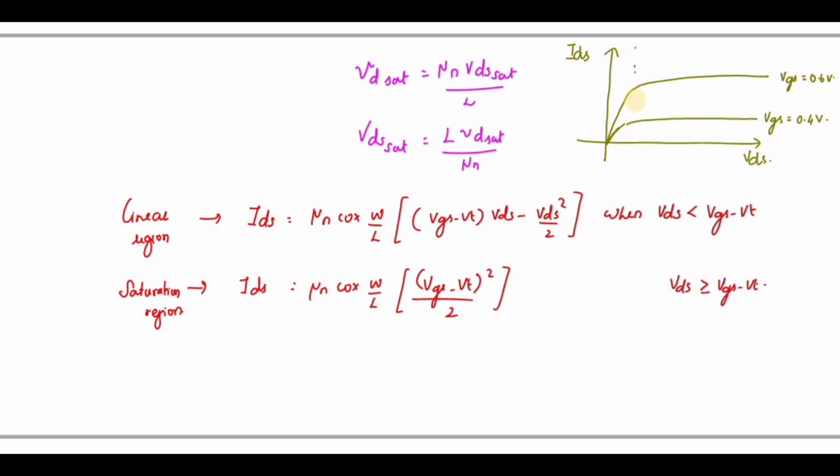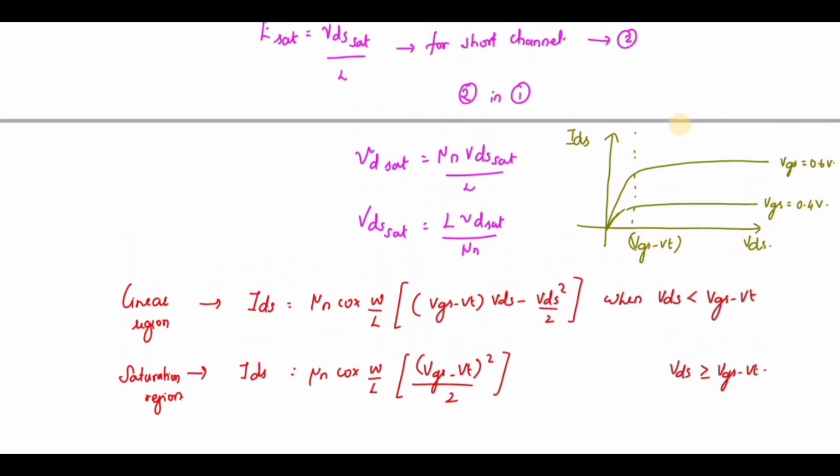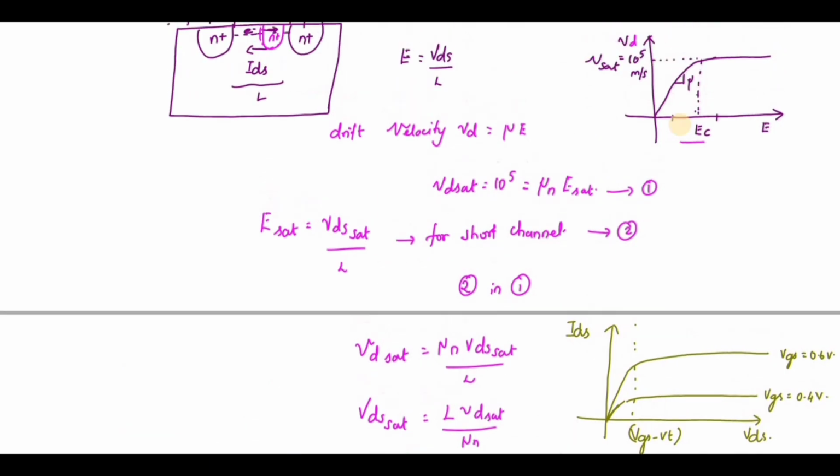Here it is attaining a saturation value, which is nothing but VGS minus VT. Here you can see EC is the value where it attains saturation. Further, the velocity will not increase. That is called saturation.